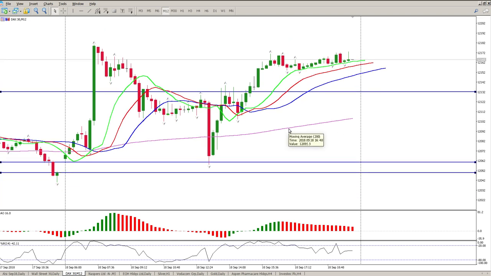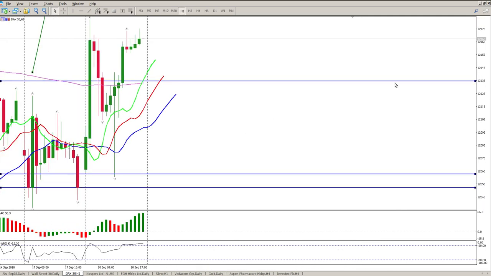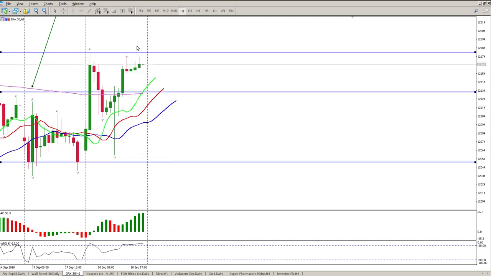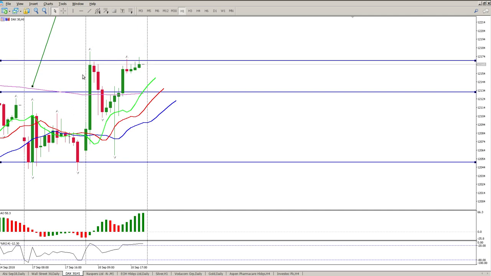For me today, we are definitely still looking for longs, and the question is from where. So I'd like to see some kind of a pullback, and you've got to bear in mind that we do have a potential double top here, and oscillators are all in overbought territory.